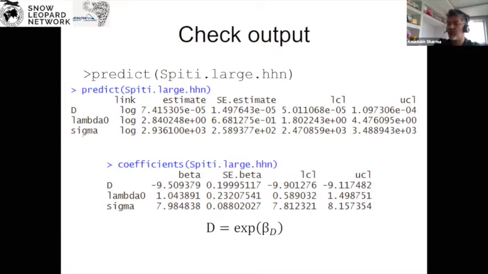Once you have the coefficients, these are the three coefficients for which we have obtained the maximum likelihood, right? You simply do an exp on a calculator or Excel or even R. Just type exponential of minus 9.50937. It will quickly give you this value, which is the predicted value of density for my particular study.